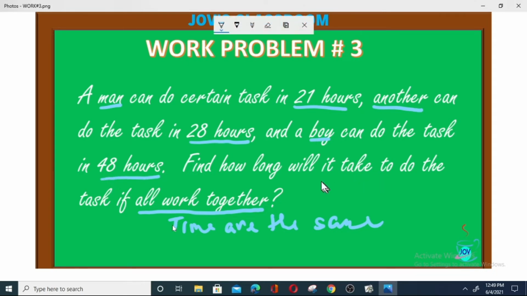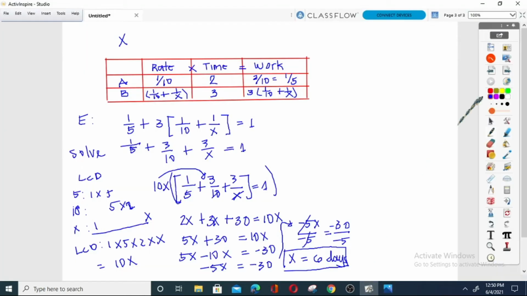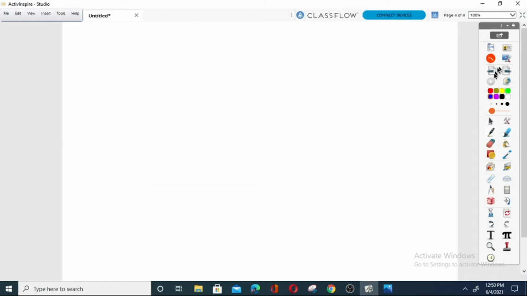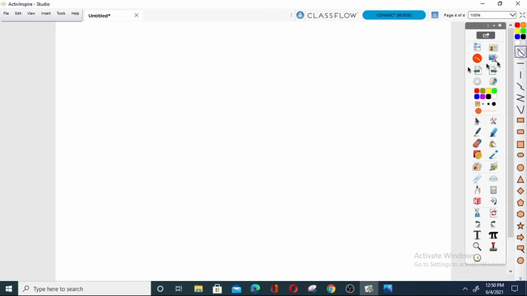So this is very easy. All the rates are given and they work all together, so therefore they have the same time. So let us solve the problem. There are 3 unknowns. So again, let us draw a table.